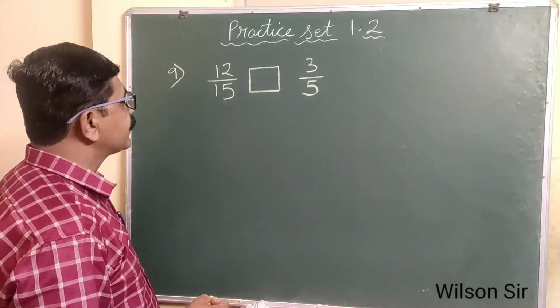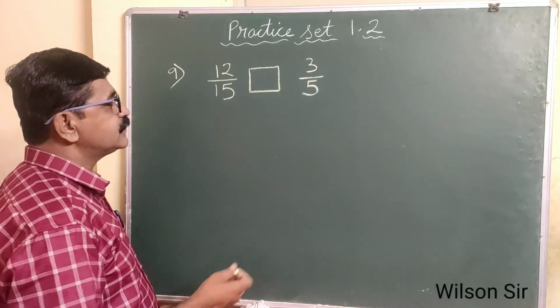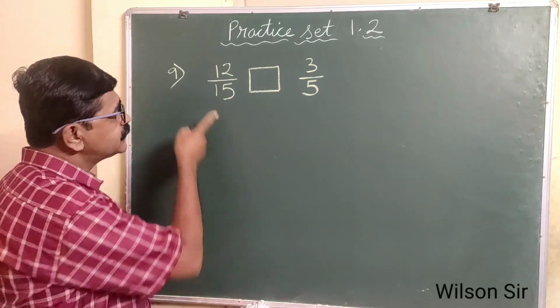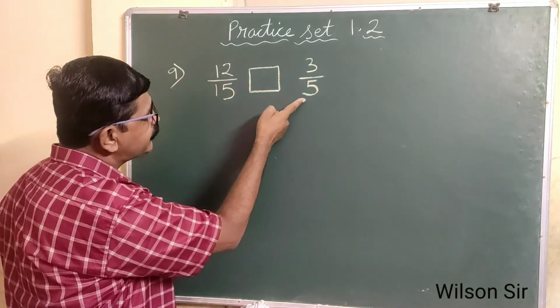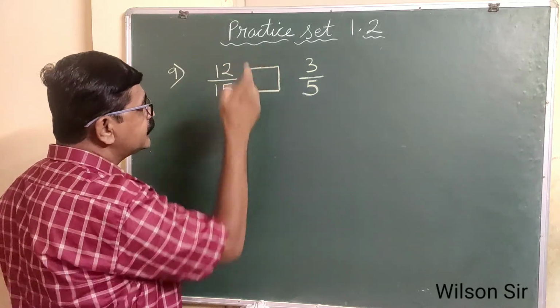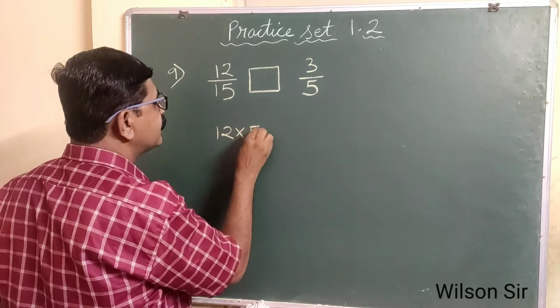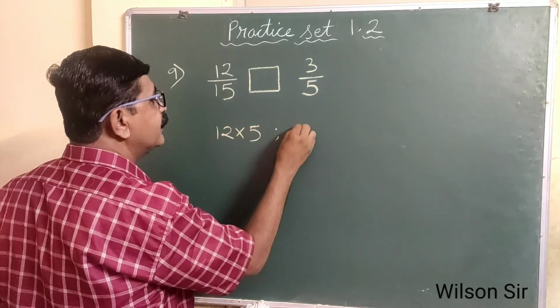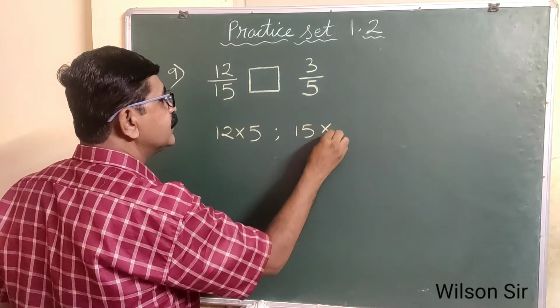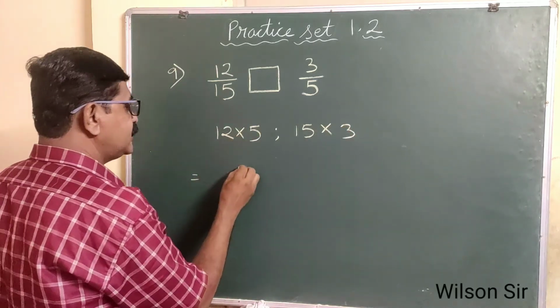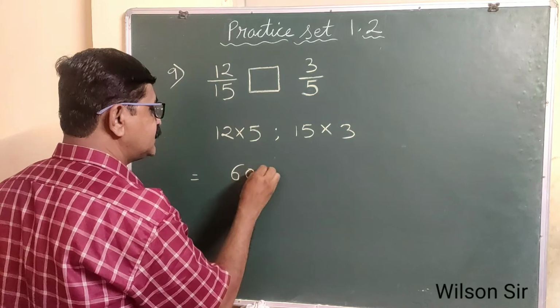So ninth problem, 12 upon 15, and the other is given as 3 upon 5. Again the same method, cross multiplication, 12 multiplied by 5 and 15 multiplied by 3. So what will you get? 12 5s are 60.